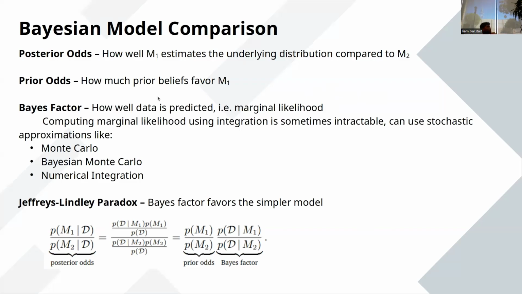The Bayes factor favors the simpler model. It shows how much your prior beliefs favor a particular model, and then how well the model estimates the underlying distribution, et cetera.